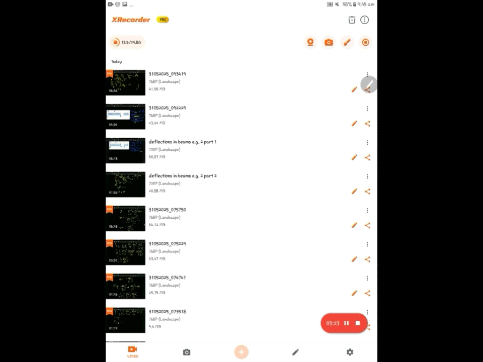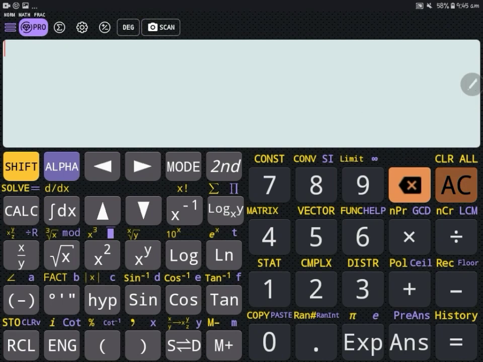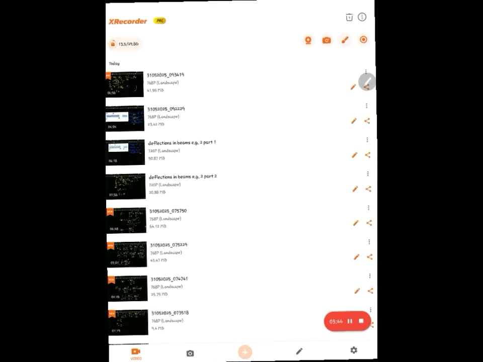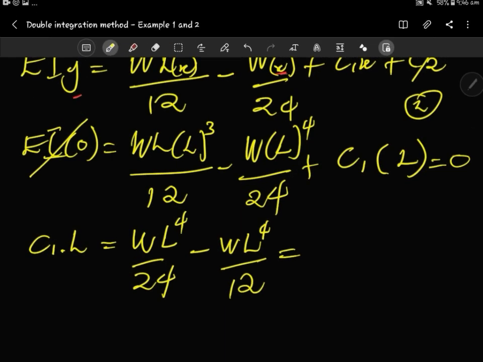So let's see. 1 on 24 minus 1 on 12, right? So that's 1 minus 1 on 24, minus 1 on 24. Right? So you end up getting WL to the power 4 minus 24.